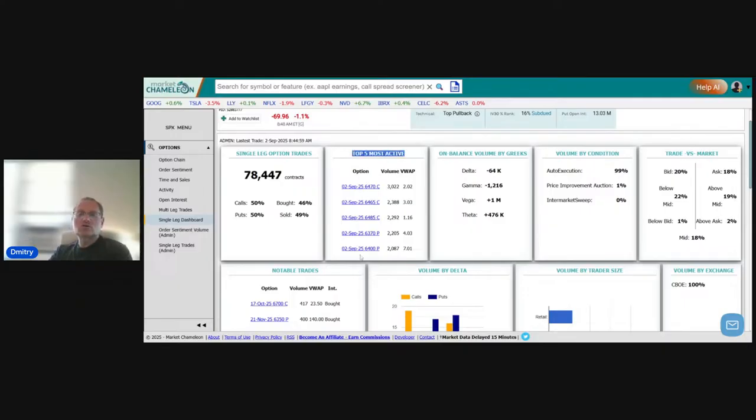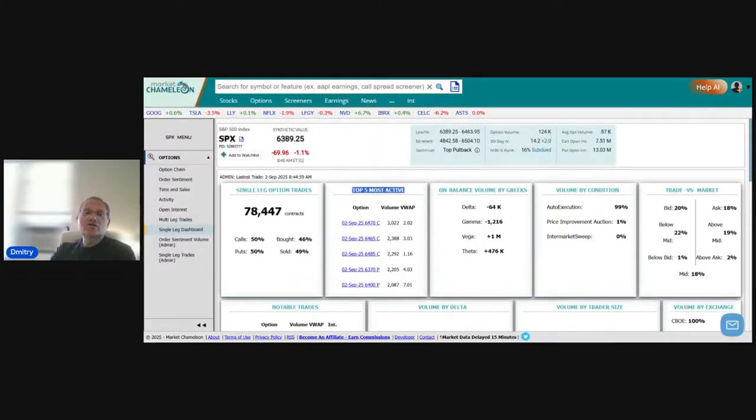You can see here, these are all on those options that expire today, September 2nd. It's a mix of calls and puts, and strikes between 6,370 and 6,485, which you could see is, if we look at the range of SPX, those strikes are within the trading range of that index.